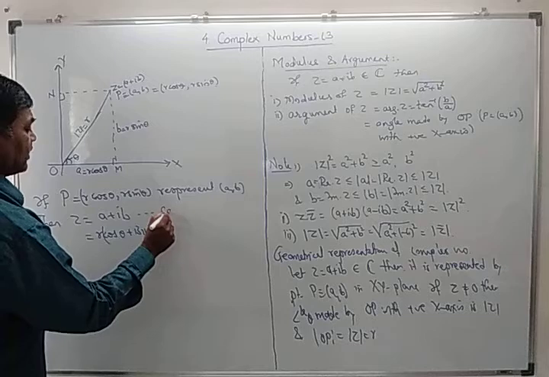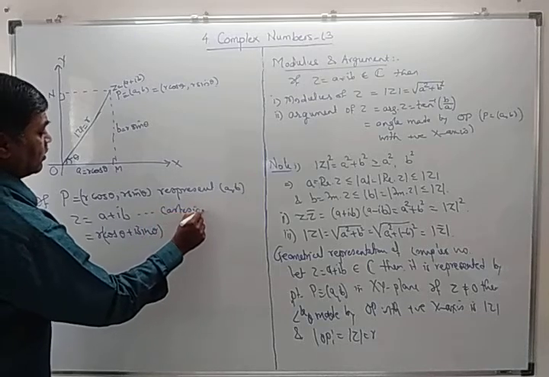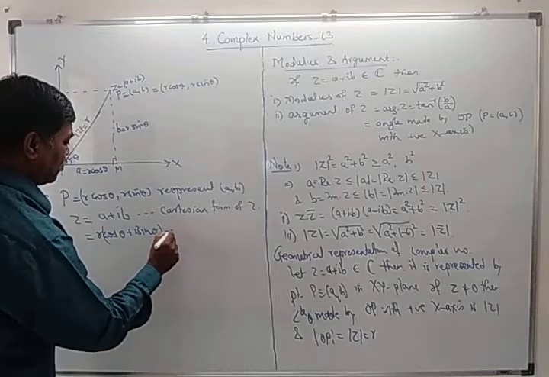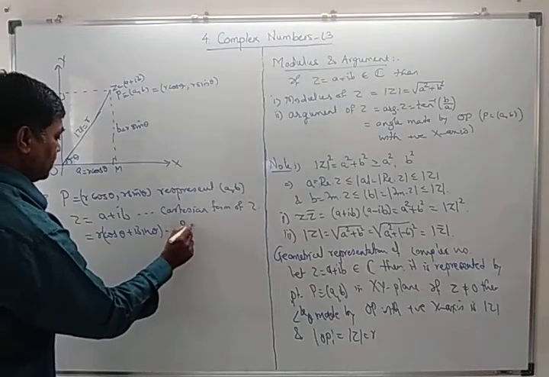This is called as Cartesian form of z, and this is known as polar form of z.